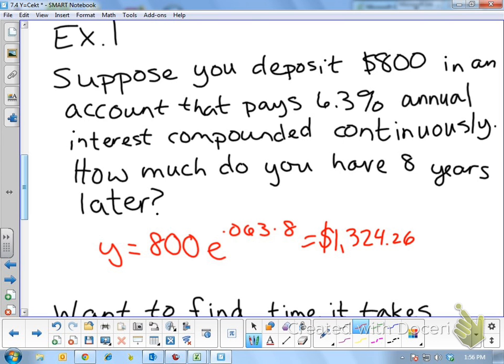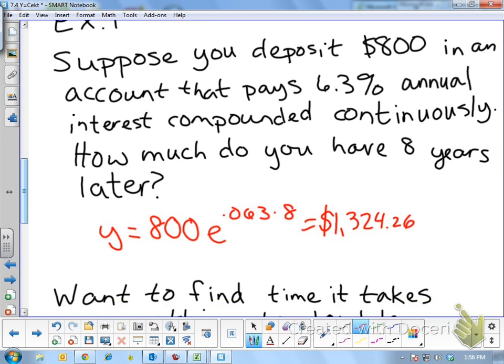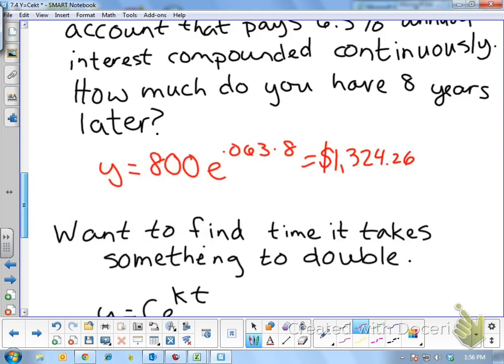That's a very, very large number. Which, if we think about it logically, if we had $800 over 8 years, would it really get that big? Logically, that's more money than atoms in a molecule. So be careful. 1,300 makes sense, but the e to the 24th, that's a little too large.